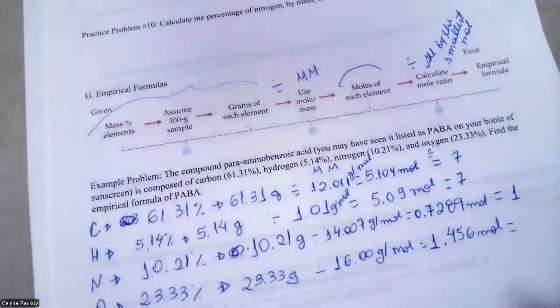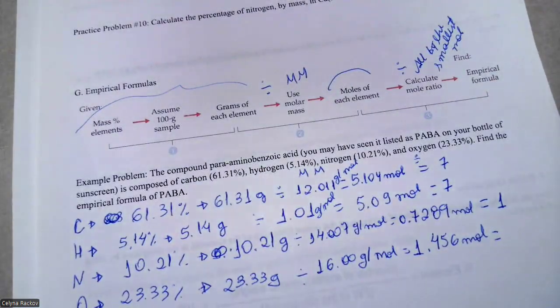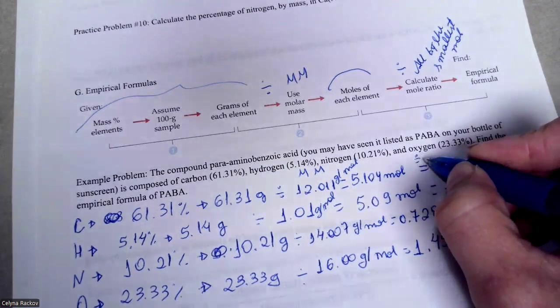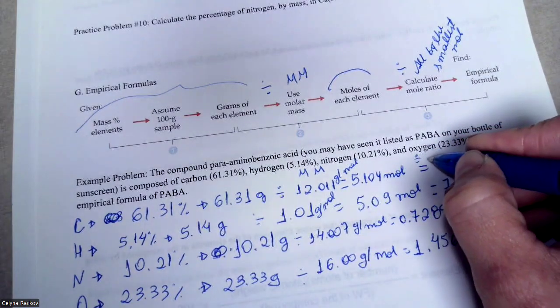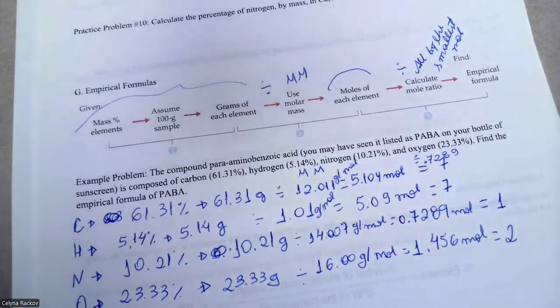And then finally, if you divide 1.456 by 0.7289, we get around 2. So we divided everything by 0.7289.